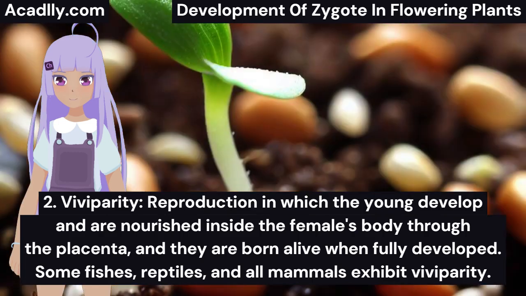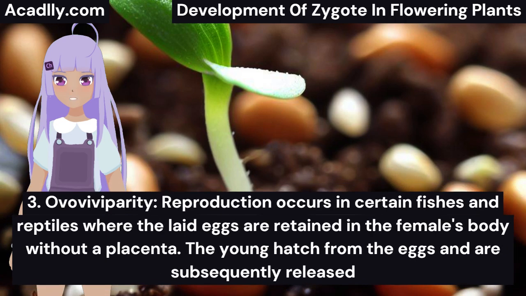Some fishes, reptiles, and all mammals exhibit viviparity. 3. Ovoviviparity. Reproduction occurs in certain fishes and reptiles, where the laid eggs are retained in the female's body without a placenta. The young hatch from the eggs and are subsequently released.